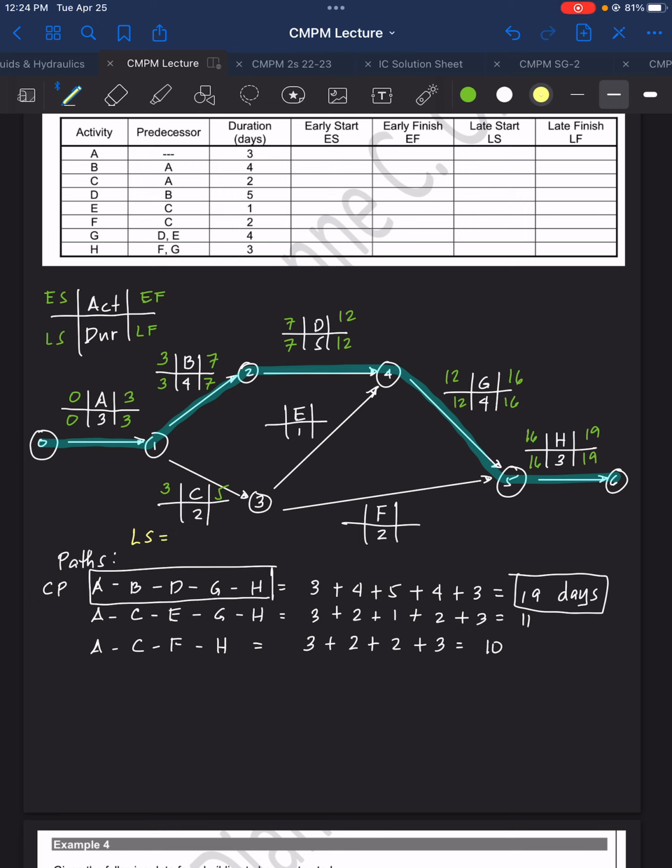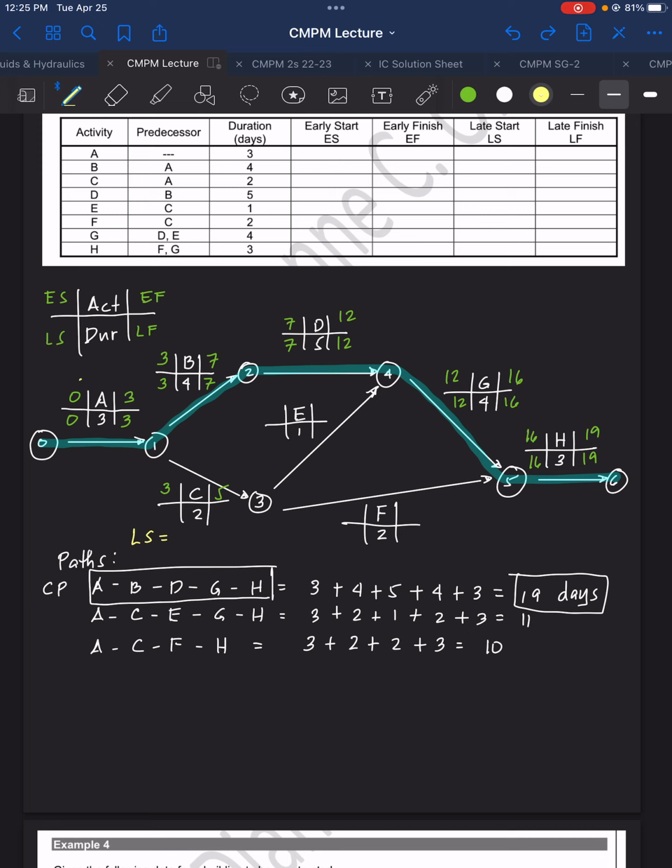We will have here activity A plus B plus D minus E and C. So we will determine now the late start. Again, may I repeat? It will be the duration of A, duration of B, duration of D, and then minus activity E and C.